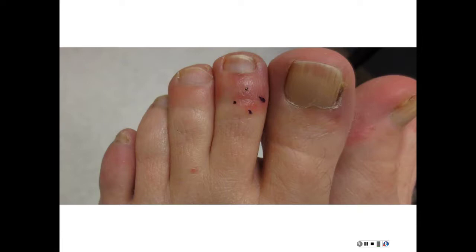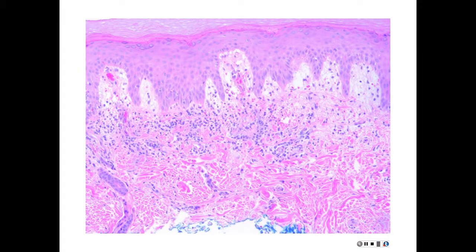Anything in the infectious group? Yeah, I think about viral. So viral exanthem, or reactive, maybe an acral erythema, although it's a little more on the dorsum of the hand than you might expect with an acral erythema. And then this is your path. A lot of prominent papillary dermal edema.